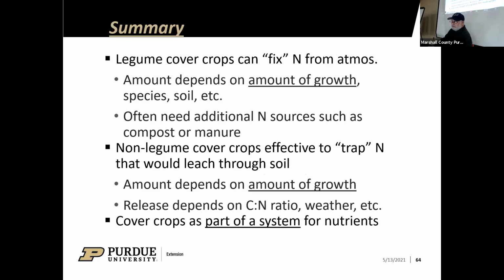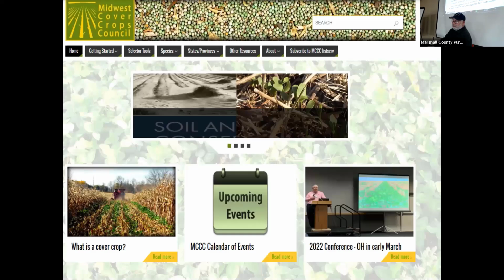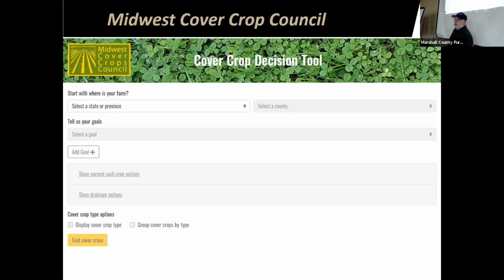Anyway, since I'm already over, I kind of covered these points. I just want to note, if you want to learn about cover crops, there's a great site called the Midwest Cover Crop Council. It has information about what a cover crop is, but more importantly, it has a cover crop decision tool that you can go and utilize and put your information in. It'll ask you to select the county you live in.